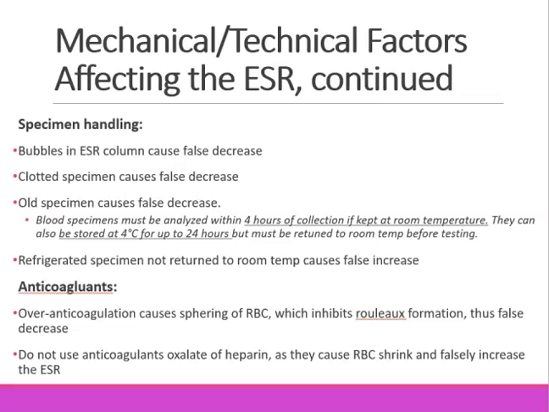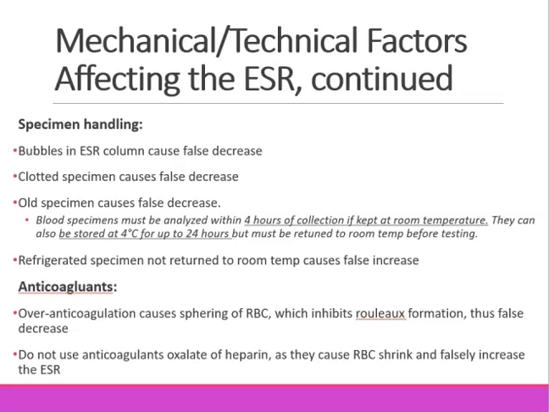You have to be careful about the amount of anticoagulant you use. You don't want to use too much, or it can cause smearing of your red blood cells or cause your red blood cells to become rounded. You want them to keep that nice biconcave dish shape so they can form rouleau and stack correctly.